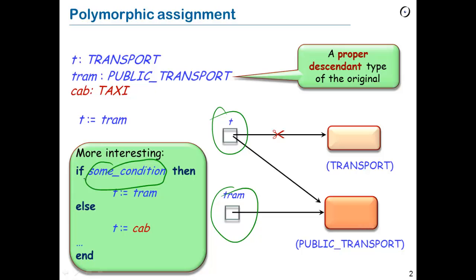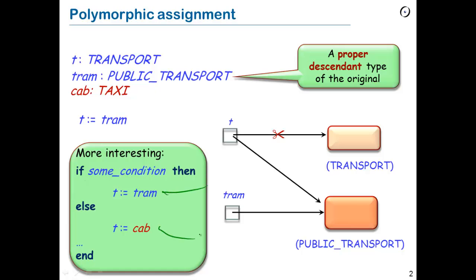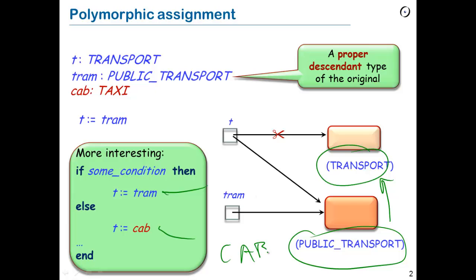And then depending on whether it's true or false, we assign to t a reference to a tram object or a reference to a cab object. Remember that another descendant of transport was cab in our inheritance hierarchy. My picture is not very pretty, but it's to remind you of the shape of the inheritance hierarchy.